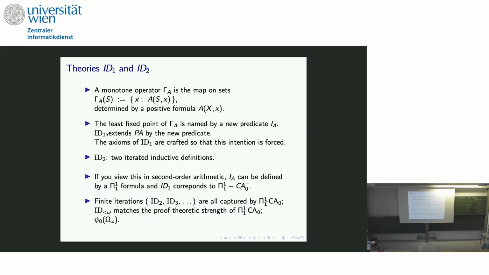ID2 is just two iterated inductive definitions. And in second order arithmetic, you can see ID1 as corresponding to pi1 comprehension. And the full pi1 comprehension matches with ID less than omega, as this proof theoretic strength.